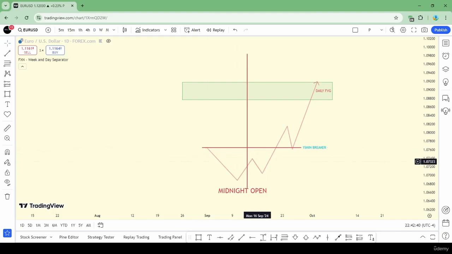So instead of even having the 15 minutes breaker, we may find that the market will start to create higher highs until it reaches the daily fair value gap. So what we want to see, in short, is a situation where the market creates a run on sell stops.